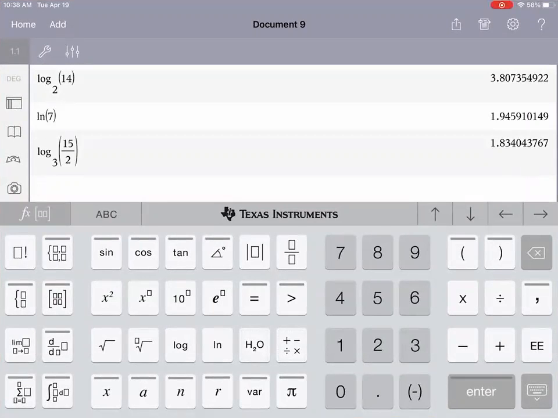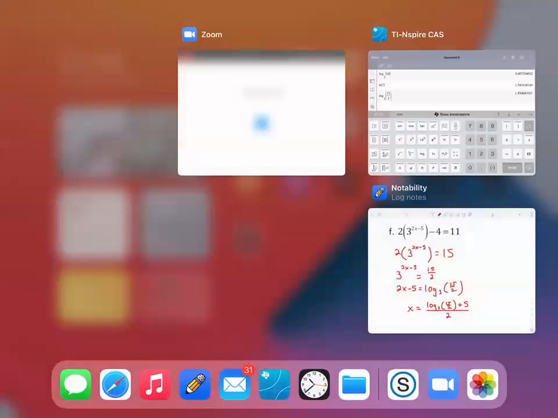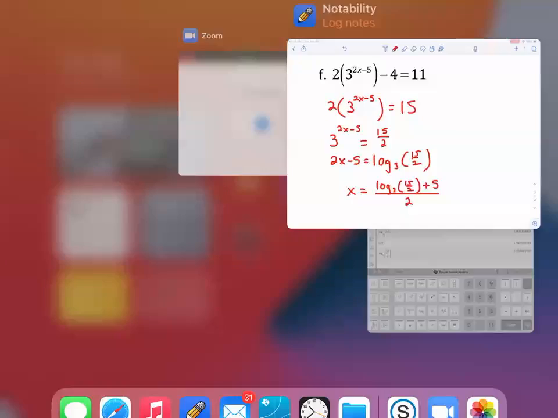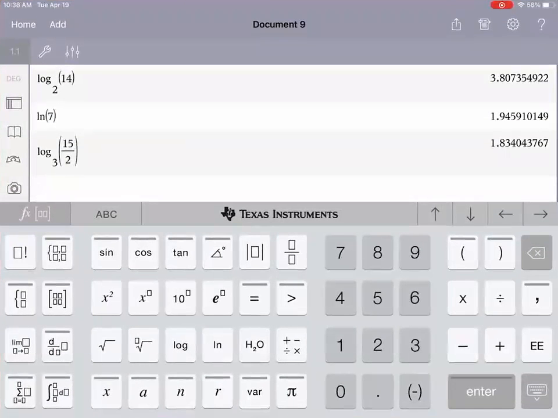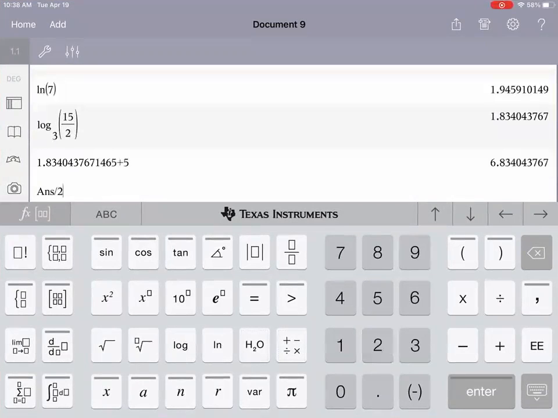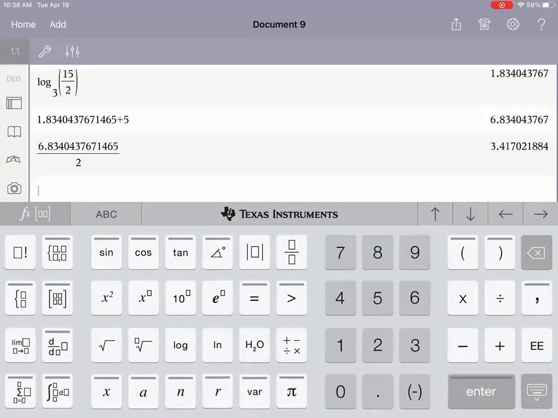And it was plus 5 and divide it by 2. So I just take that answer, plus 5, divided by 2. That would be one way to do it. You could do it all in one step also, depending on your calculator skills. But our final answer is approximately 3.42.